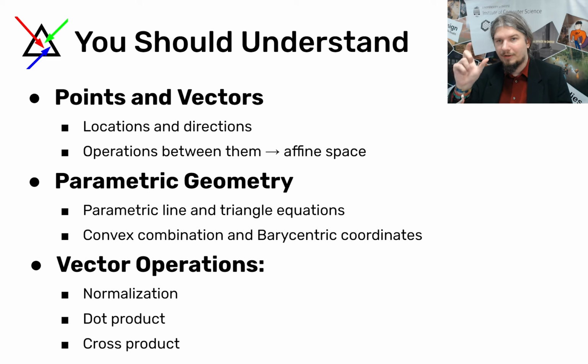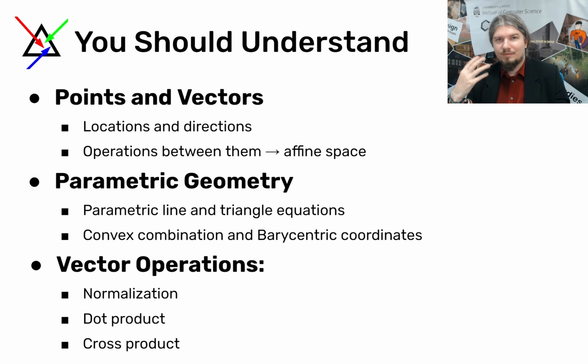The same vector can be anywhere in this space, but points define the locations there. Now you have also seen some parametric geometry, so parametric line and parametric triangle equations. And this will become useful later on when we're trying to do ray tracing, for example.